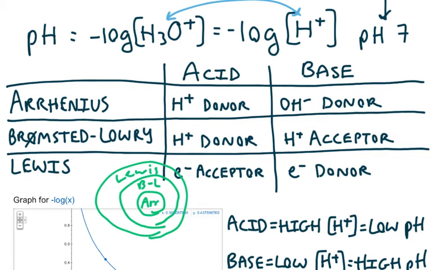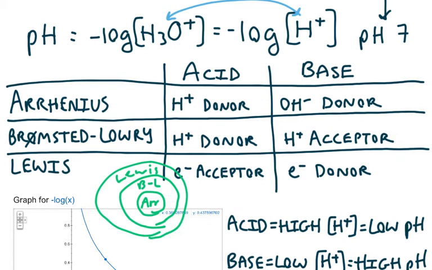So all Arrhenius acids and bases are also Bronsted-Lowry acids and bases, and all Bronsted-Lowry acids and bases are also Lewis acids and bases. What you're going to see as you do more biology and chemistry is that in organic chemistry, we like to use the Lewis definition of acids and bases, whereas in general chemistry and in biochemistry, we like to use the Bronsted-Lowry definition. So the Bronsted-Lowry definition is what we're going with today.